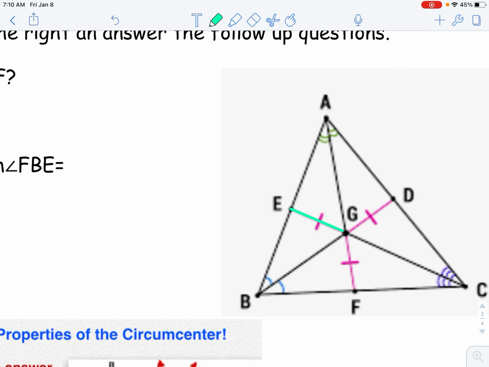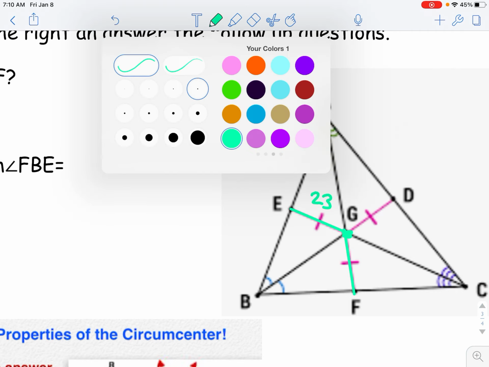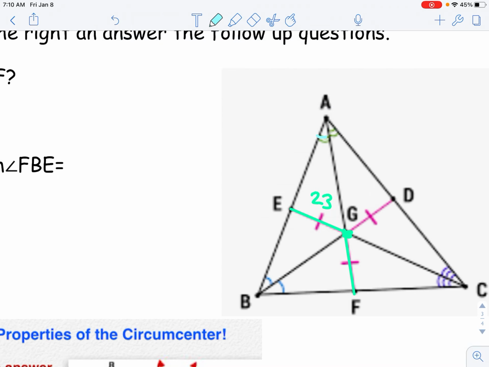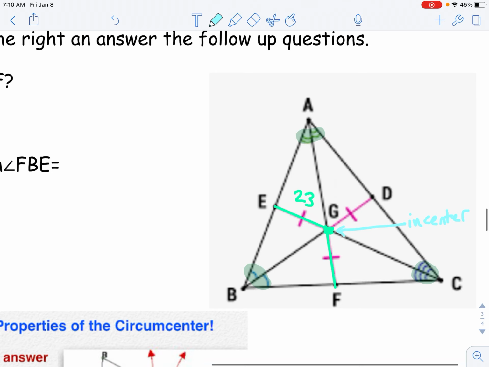If EG is 23, what is the length of GF? So it's saying, since this is 23, well, what's this length? Well, remember, these are all angle bisectors. It's labeled that angle bisector, angle bisector, angle bisector. All right, so that means that this point G is the incenter.